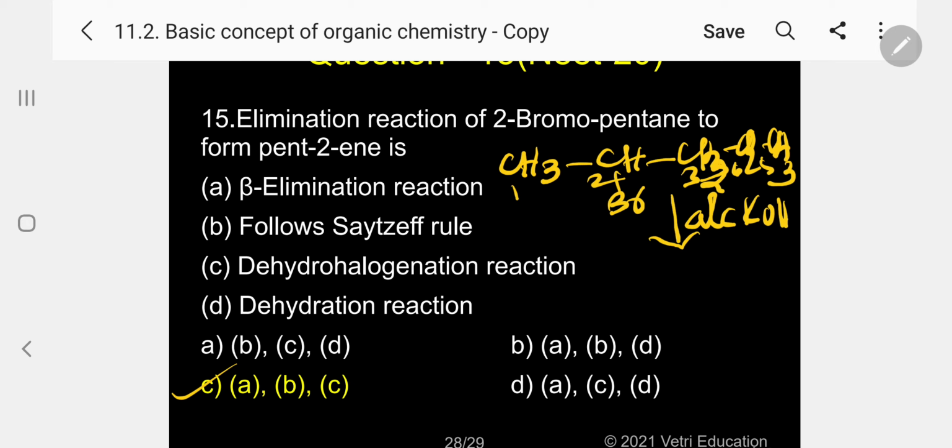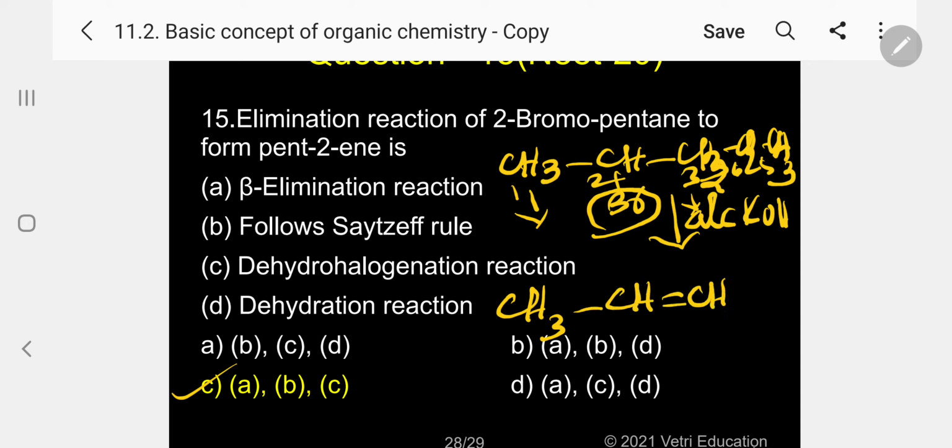There are two possibilities. The Br is going to eliminate along with one hydrogen. That hydrogen may be from this CH3 or from this CH2. That is the question that arises. But they have clearly given the product as 2-pentene.